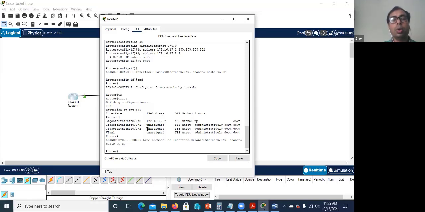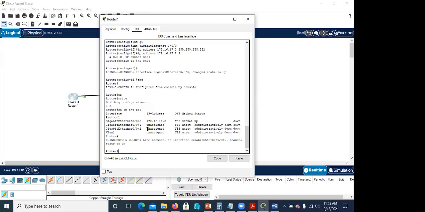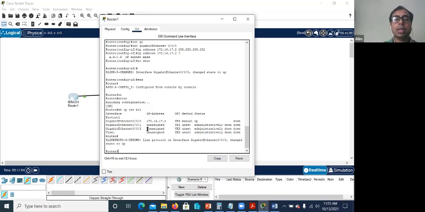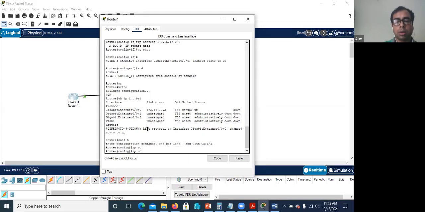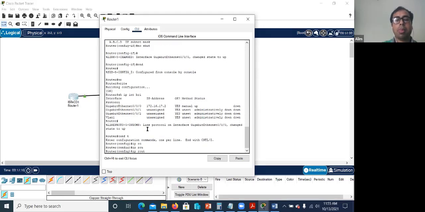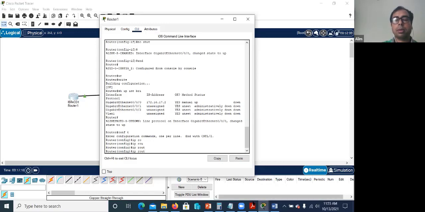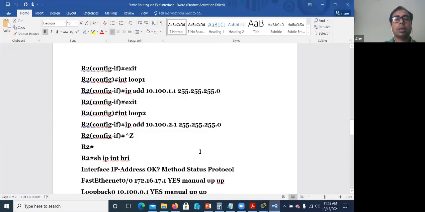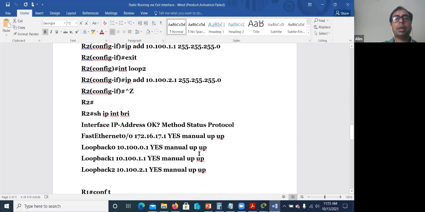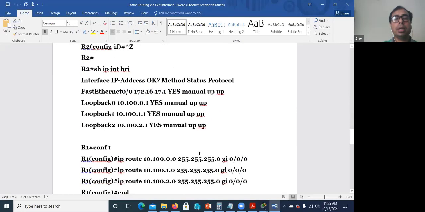Look, now we will give routing to the ISP router. Okay. What is the command? IP route. Okay, let me copy that command. Okay, we created one loopback.